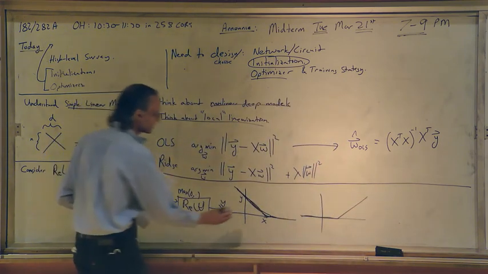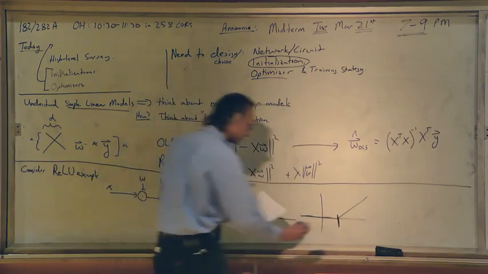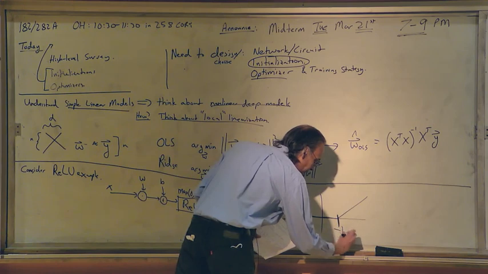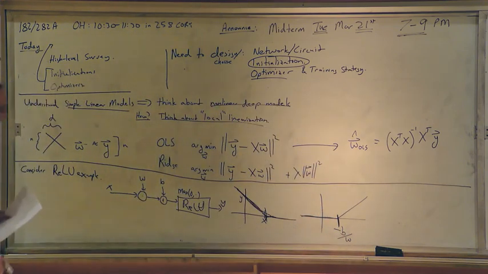In either case, the location of this corner is minus b over w. Okay?